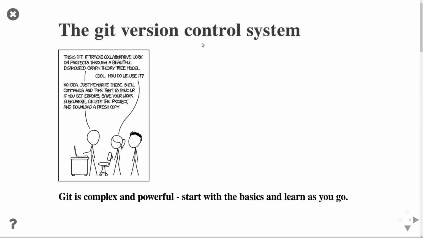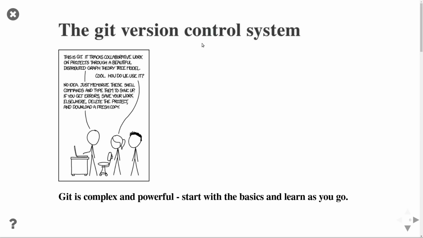So the important message here is that Git is a system for working in a collaborative environment. Typically, this is done for source code. The idea is that you have one source code repository and many people can contribute to it.